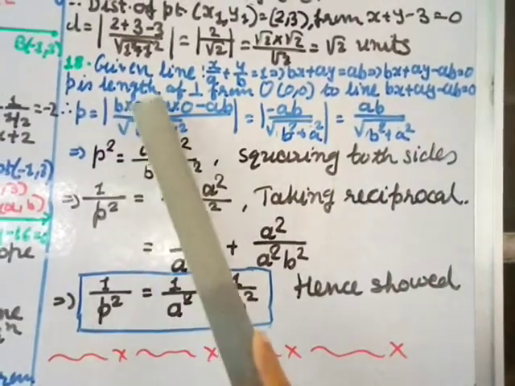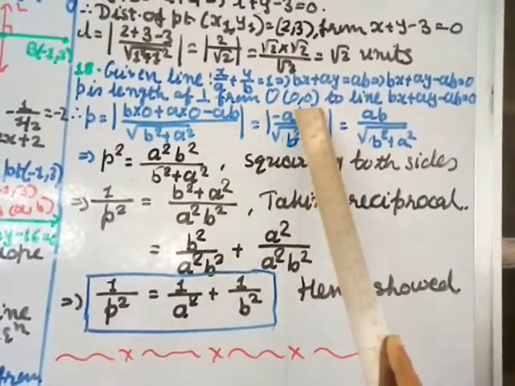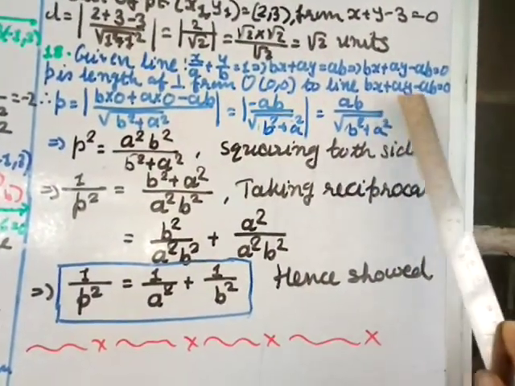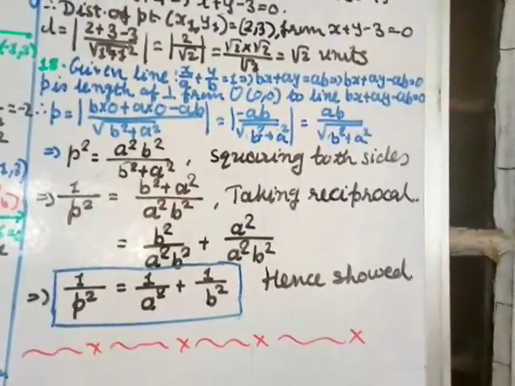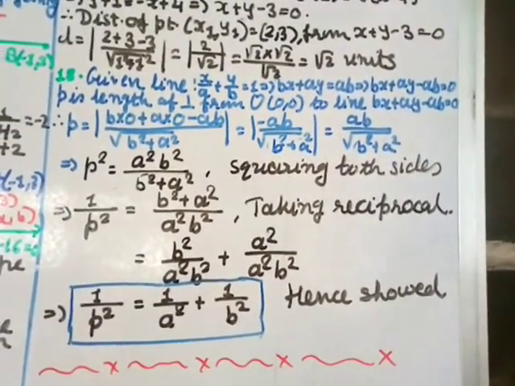p is the length of the perpendicular from the origin (0, 0) to this line, bx plus ay minus ab equal to 0. So we use the formula for the distance of a point from a line.